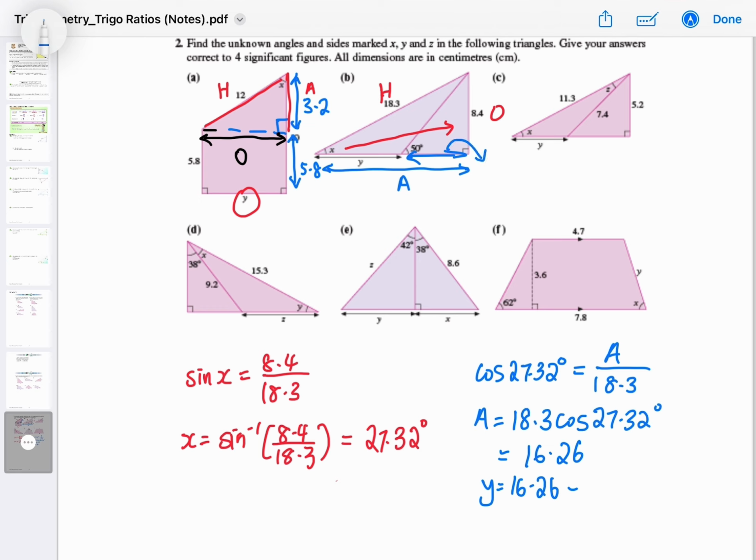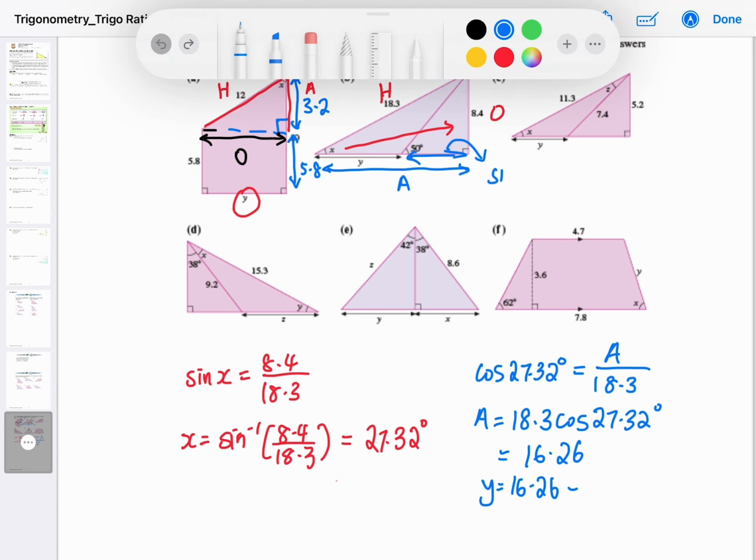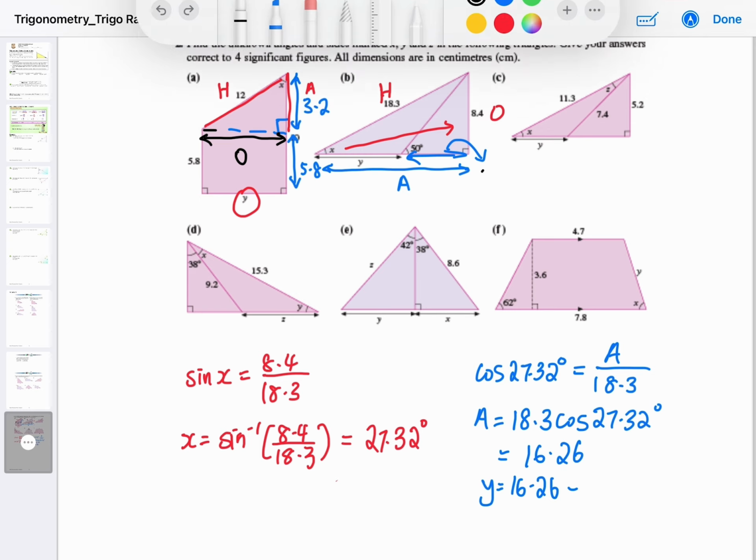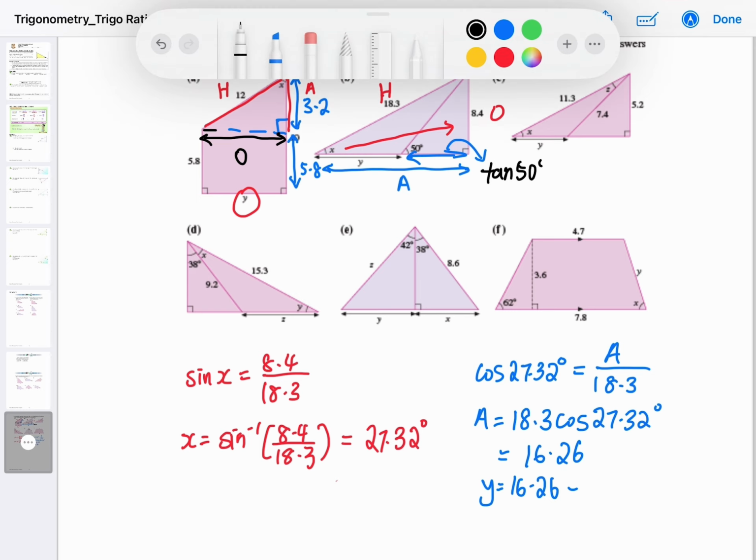Looking at this, it will be sine, no, not sine, it would be tangent 50 degrees equals 8.4 over the length, let's call it L. So L equals 8.4 divided by tangent 50, which is 7.05.